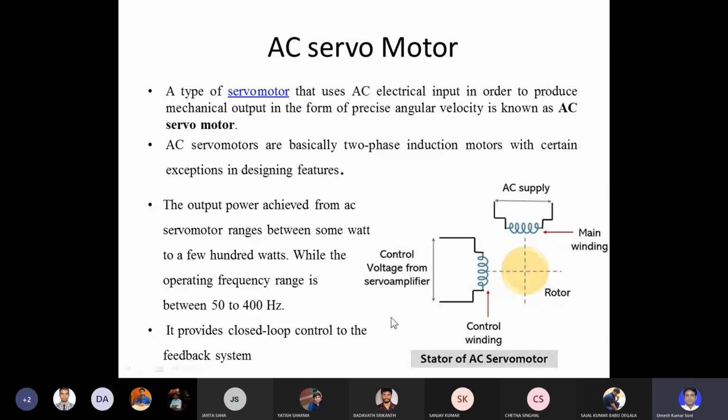So whenever the control voltage is zero, there will be no rotation. When you increase the control voltage, there will be rotation, and the phases of the main AC supply and the control AC voltage are 90 degrees to each other.